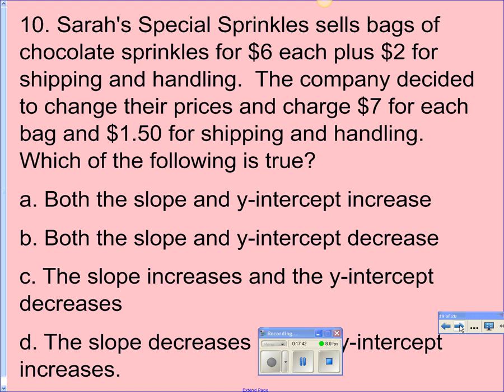1. All right, number 10, Sarah, Special Sprinkles sells bags of chocolate sprinkles for $6 each plus $2 for shipping and handling. The company decided to change their prices and charge $7 for each bag and $1.50 for shipping and handling. Which of the following is true? All right, James, help me start this one.